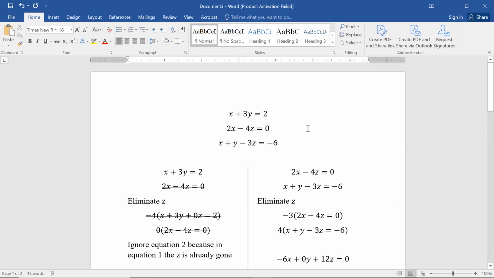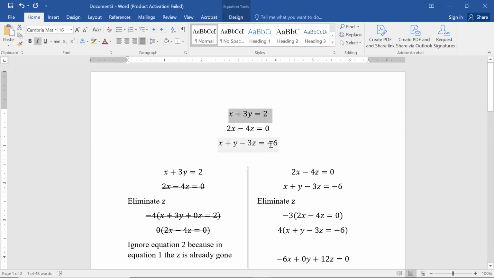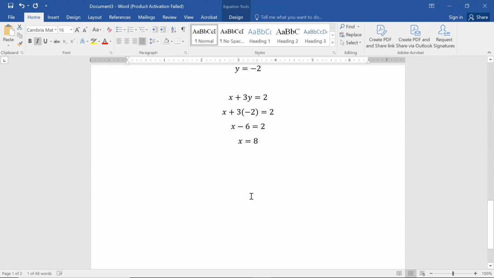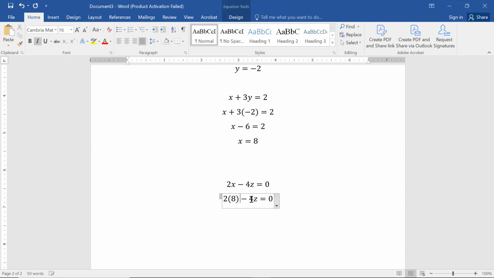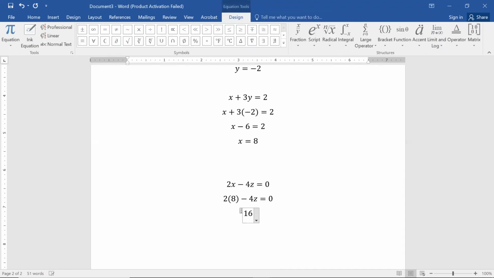I go back to my x, y, z equations, and I want to solve for z. Obviously, I can't use this first equation. It doesn't have a z in it. But you could either use the second equation or the third equation. I'll use the second equation because that has fewer terms. Replace the x in that equation with the number 8. 16 minus 4z equals 0.